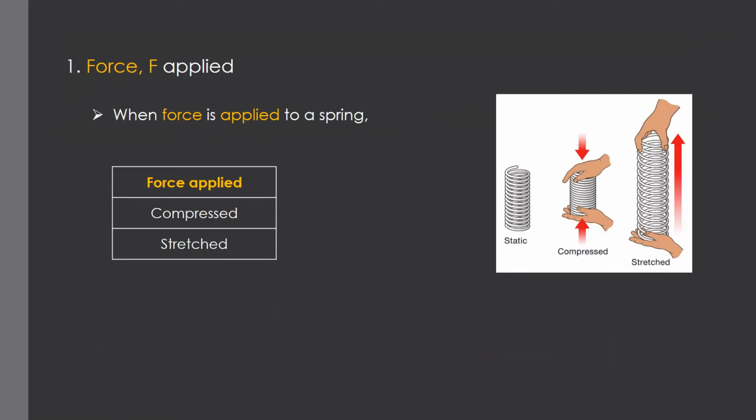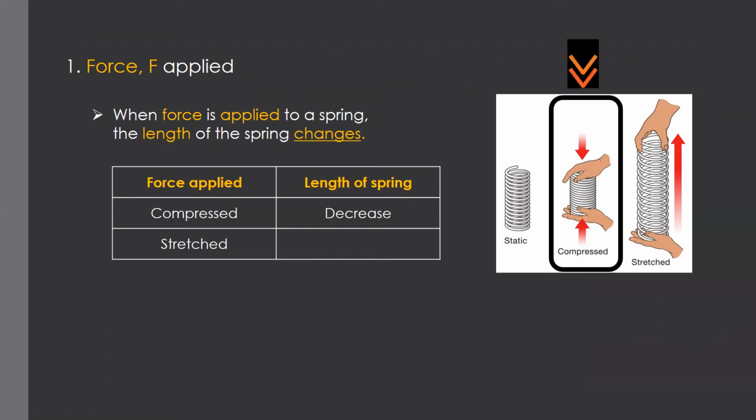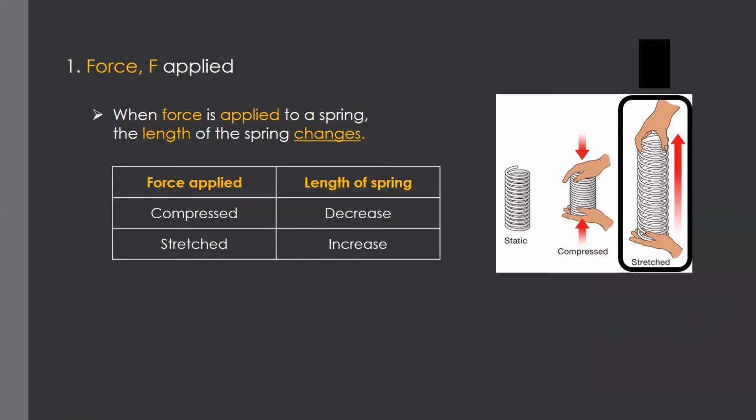When we pull a spring, it is stretched. What we shall investigate here is the effect on the spring, which is the length. The length changes depending on the force. When we compress a spring, the length decreases. When we stretch it, the length increases.